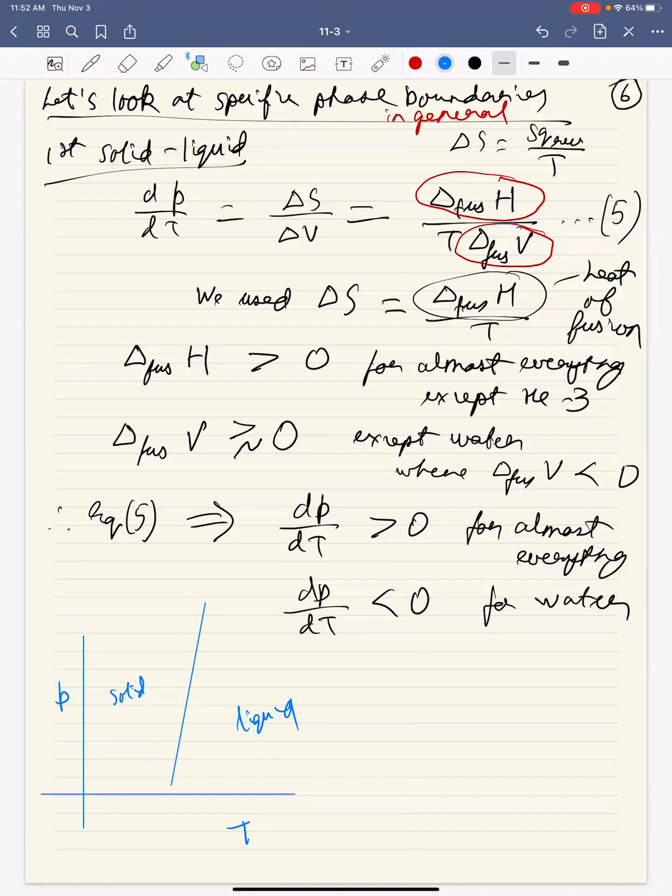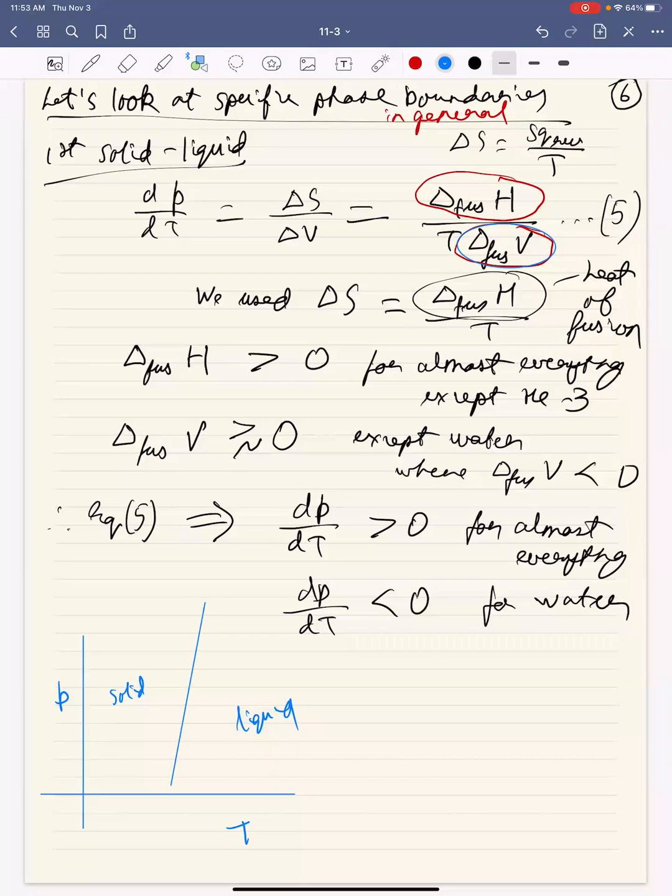Furthermore, this denominator, delta fusion of volume, is positive, but it is not super large. It is close to a small number. That's why this curve that I drew over here is almost vertical. It's positive sloping, but close to vertical.